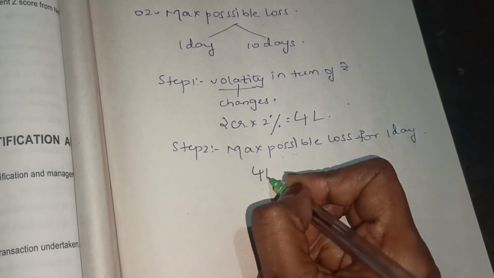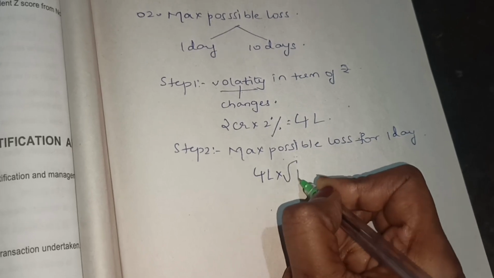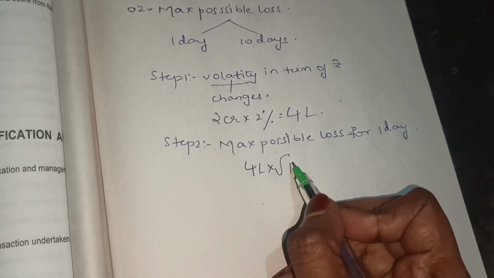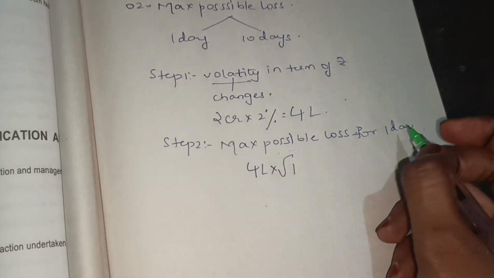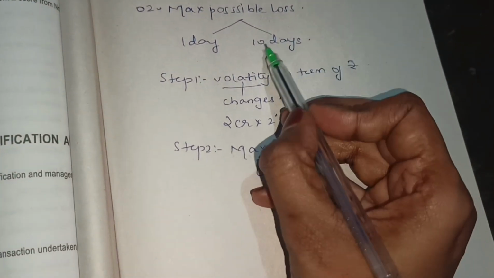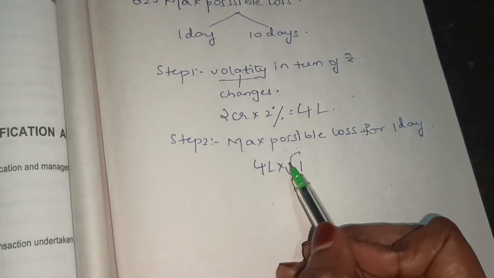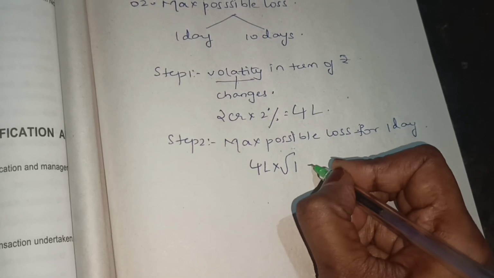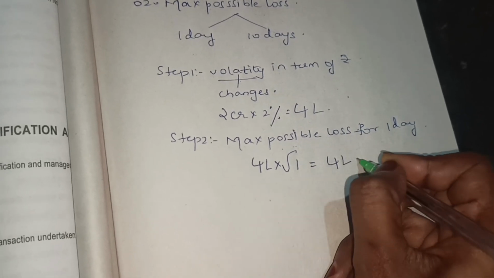So it will be 4 lakhs into under root of 1. Since we are calculating for 1 day, I am writing under root of 1. If I am calculating for 2 days, I will be writing under root of 2. Similarly, when I calculate for 10 days, I will be writing under root of 10. So 4 lakh into under root of 1 is 4 lakh.